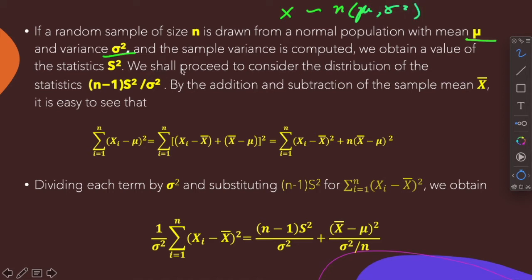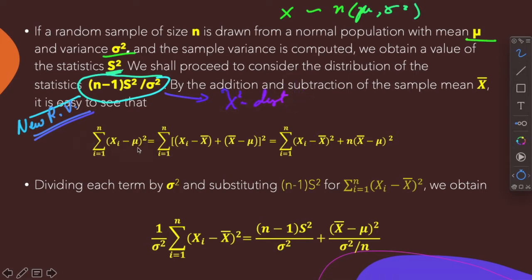Now if a sample of size n has a variance s square, then we proceed to consider the distribution having a new random variable. This is a new random variable that will be basically our chi-square distribution.